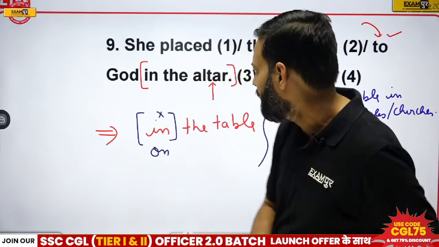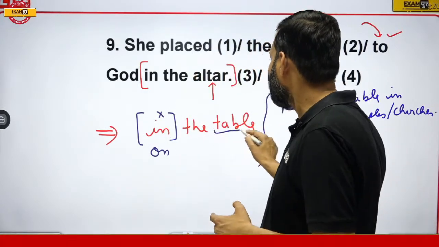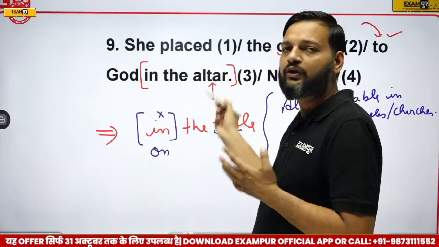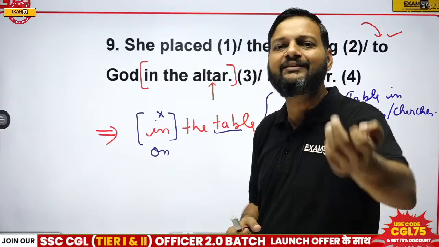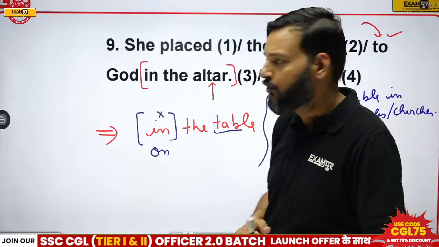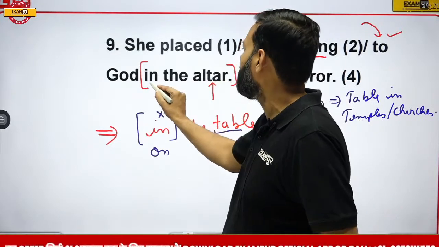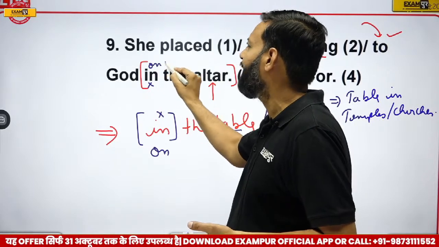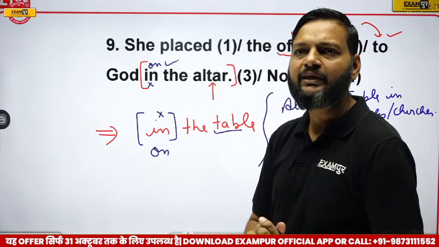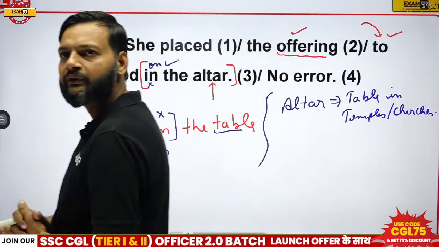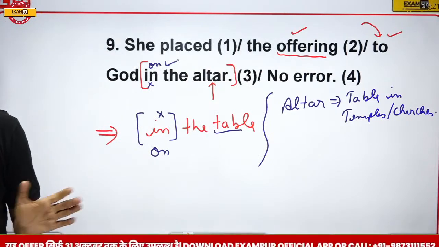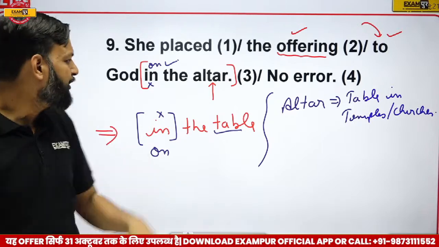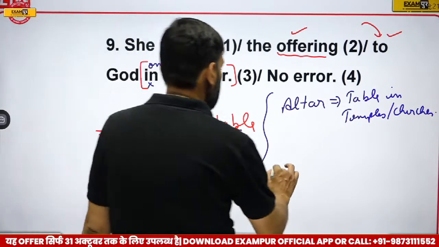So if we cannot use in with table, we cannot use in with altar as well, because altar is also a type of table which is placed in front of God, like chauki. So here altar is absolutely correct. In will be replaced by on. Correct? Right? Clear? And don't get confused.